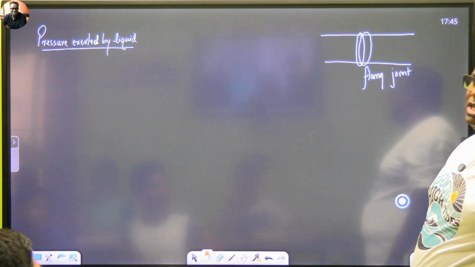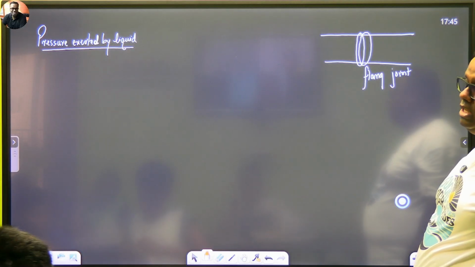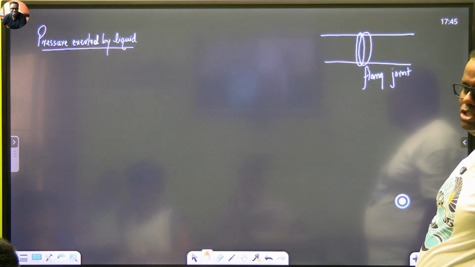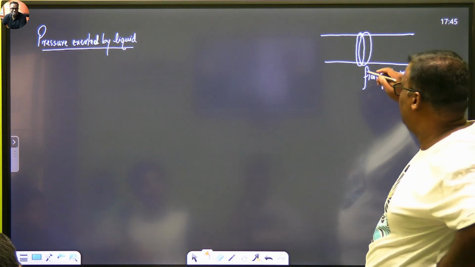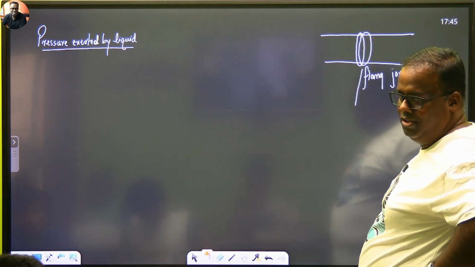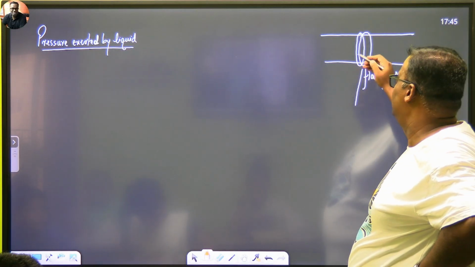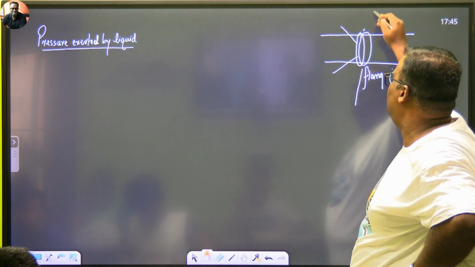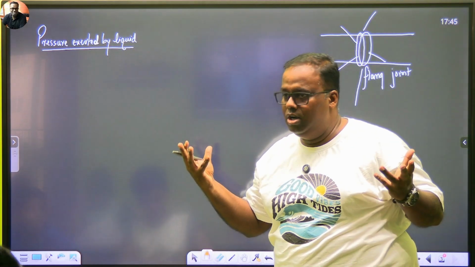If some leakage has happened, the water will leak out like a fountain from any side. It's not that the water only leaks out from the top. If the leakage is at the bottom, the water leaks out in this manner. And if you make little leakages on all sides, the water comes out radially from all sides, which shows that liquid exerts pressure in all directions.